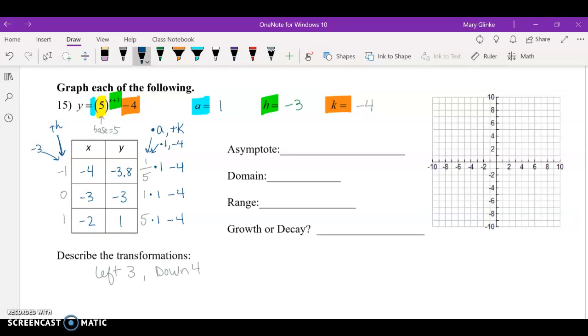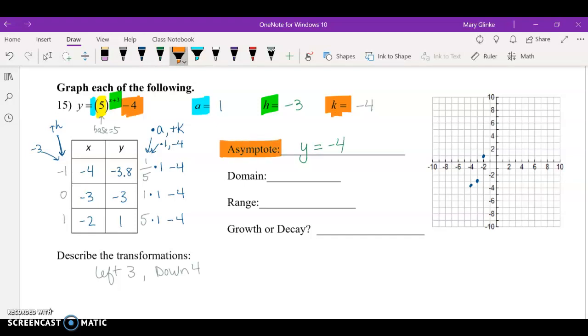So if we graph those points, (-4, -3.8), (-3, -3), and (-2, 1), we get a pretty good picture of what this exponential function would look like. But then we also want to take into consideration the asymptote. Your asymptote is always going to be y equals your k value. So in this case, it's going to be y equals -4.